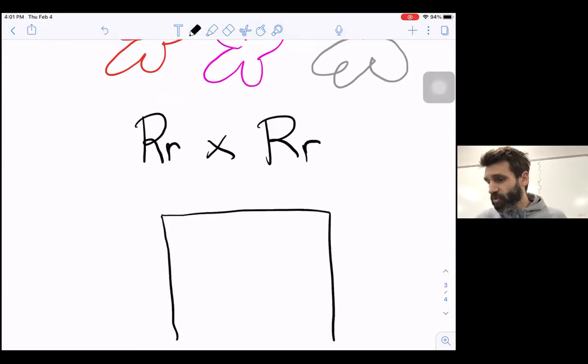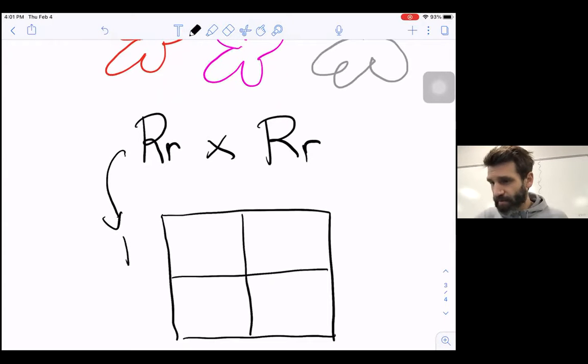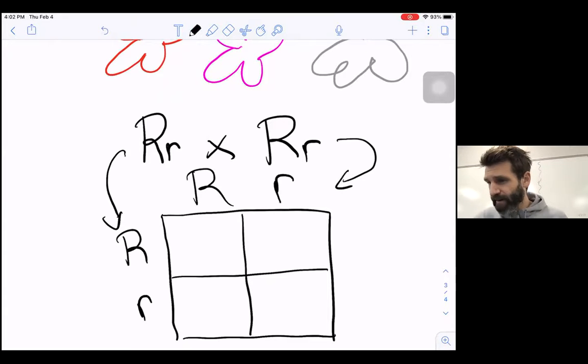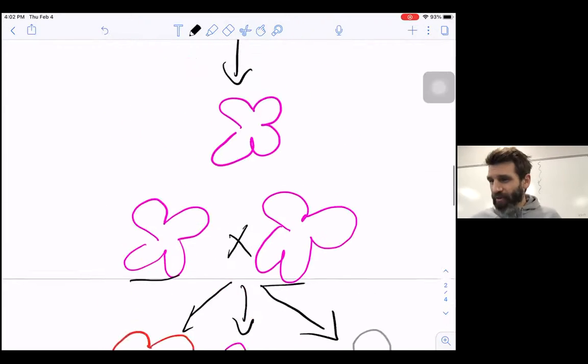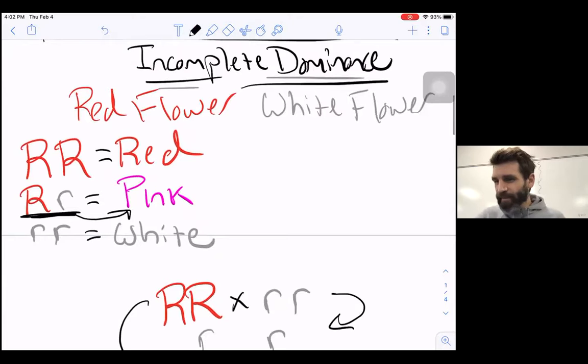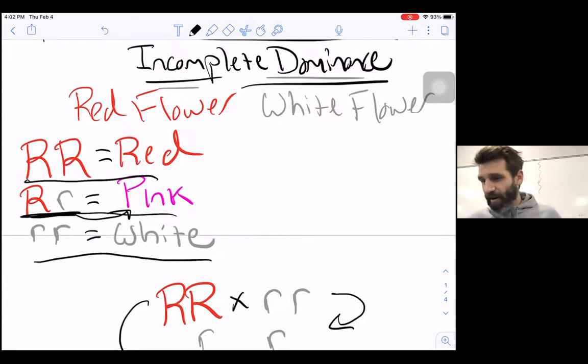And when you do the Punnett square, you get big R, little r, and big R, little r. And then when you cross 2 heterozygotes, you get this very classic distribution. You get 2 capitals, 2 lowercase, and 2 heterozygotes. And what we know up here was that big R is red, the heterozygotes are pink, and the little r were white.